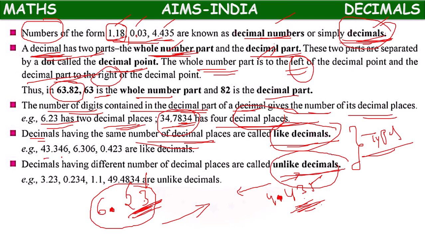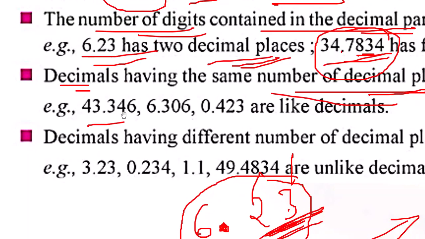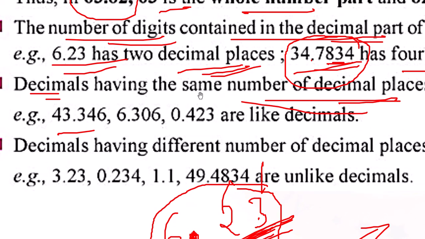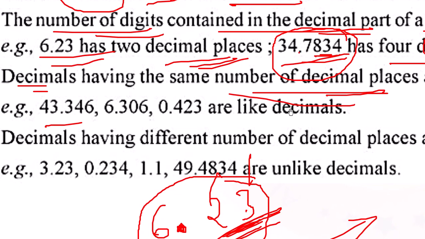If you observe 43.346, 6.306, 0.423, in these three decimal numbers, we have three decimal places in the first one, second one, third one. Means they are having the same number of decimal places. So they are called like decimals.